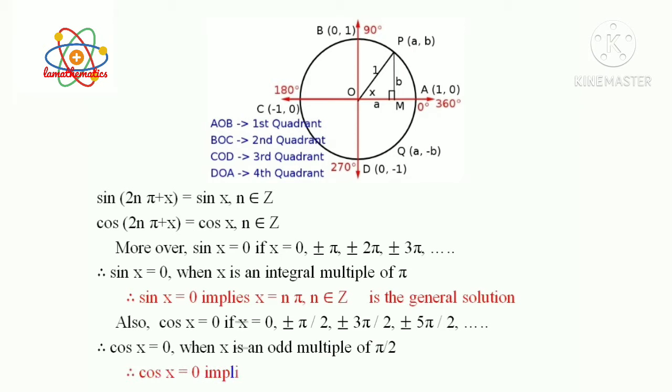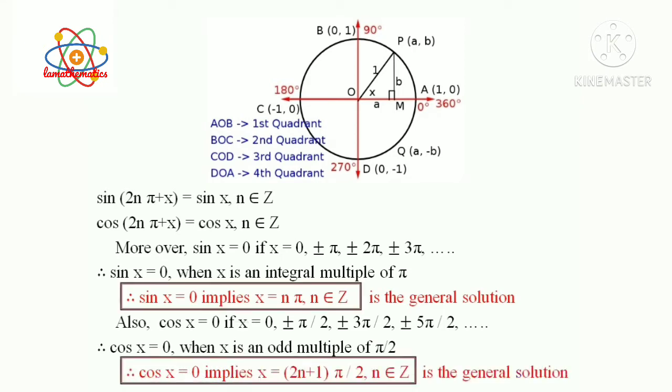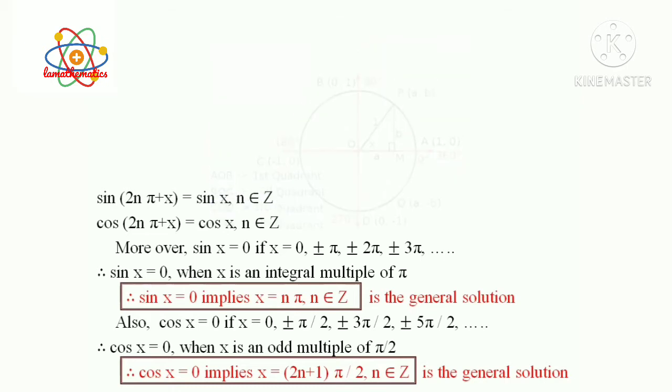Therefore, cos x equal to 0 implies x equal to (2n plus 1) pi by 2, n belongs to set of integers, is the general solution. That is, sin x equal to 0 implies x equal to n pi, n belongs to set of integers, is the general solution. Similarly, the general solution for cos x equal to 0 is x equal to (2n plus 1) pi by 2, n belongs to set of integers.